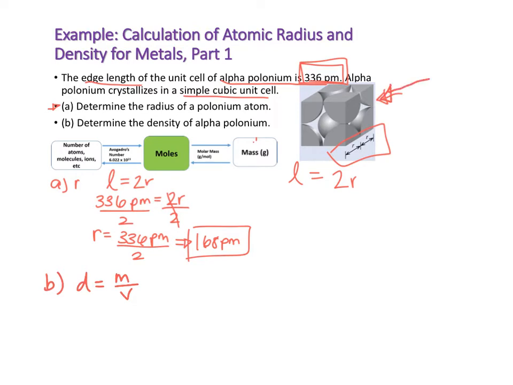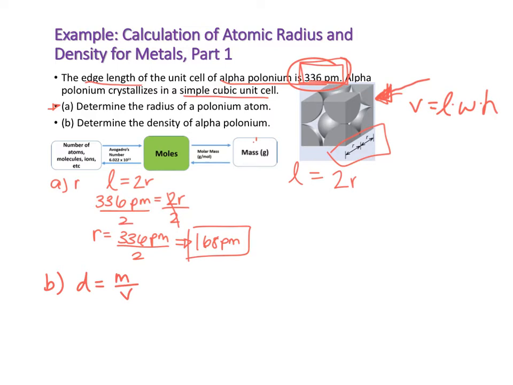All we have to do is multiply the length times the width times the height, right? You guys remember that, hopefully, from high school algebra maybe. Yeah, that's all we have to do. And because we have the length as 336, all we have to do is cube it. Multiply it by itself 3 times.